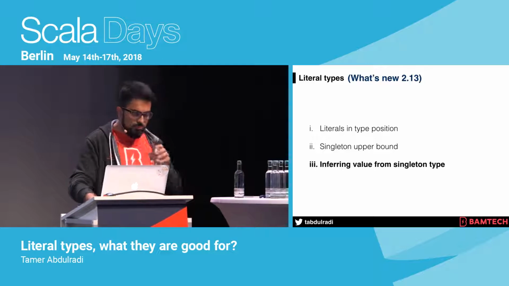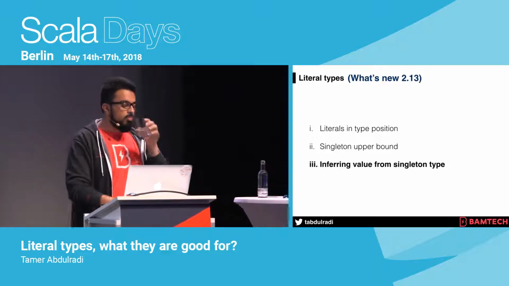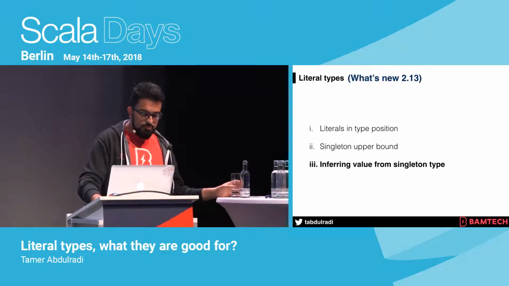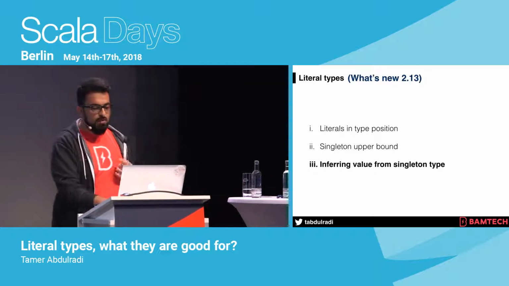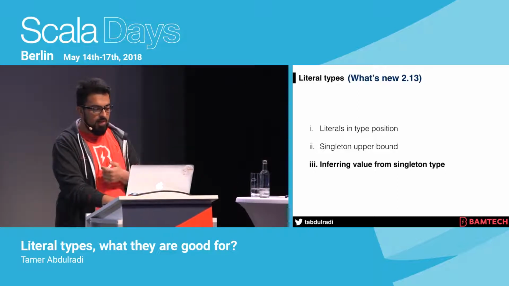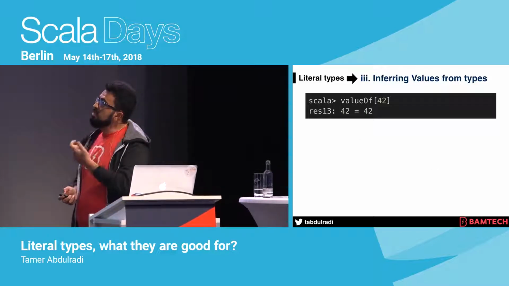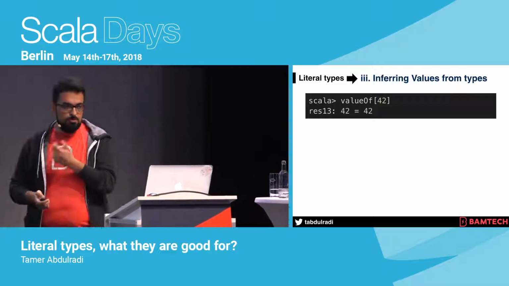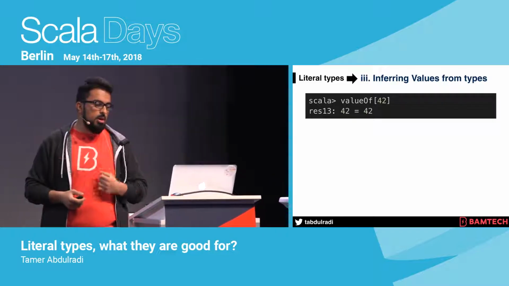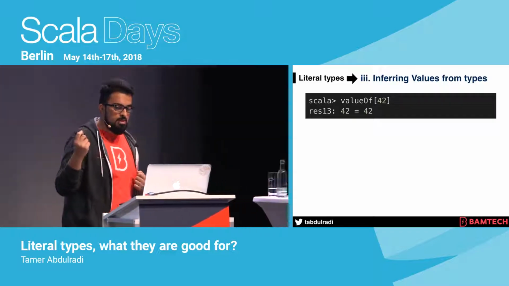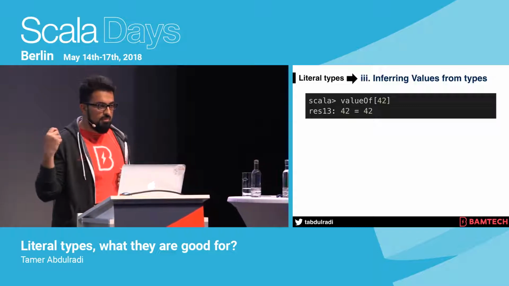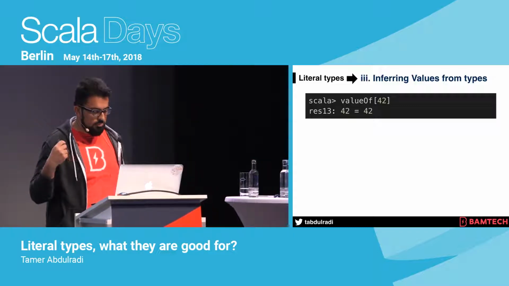The last highlight is the ability of jumping from the type level to the value level. So if you have 42 here as a type, this valueOf function is part of Scala now. By calling it, passing the type parameter, it will give you back the value associated with it.